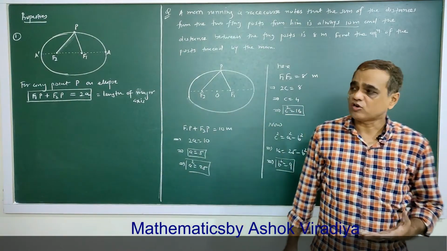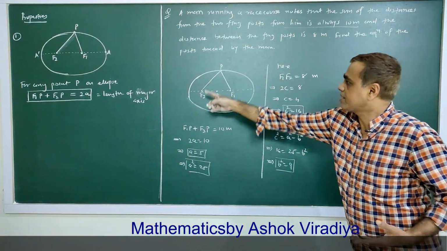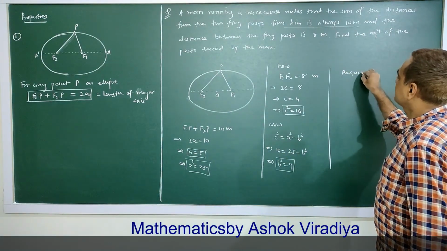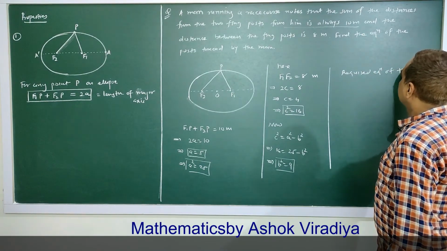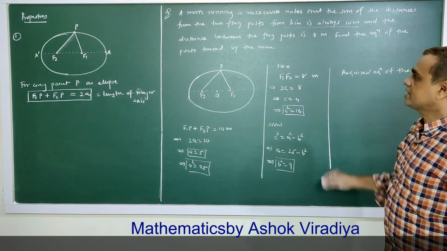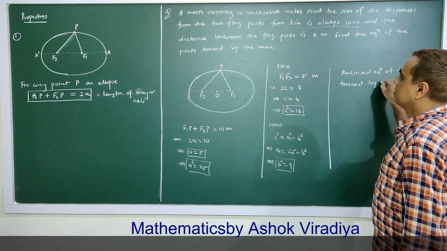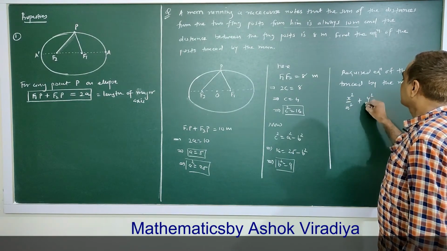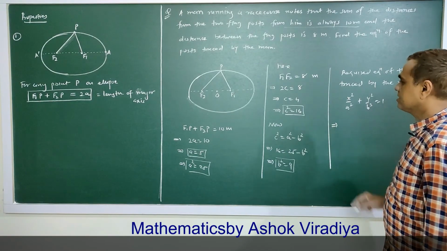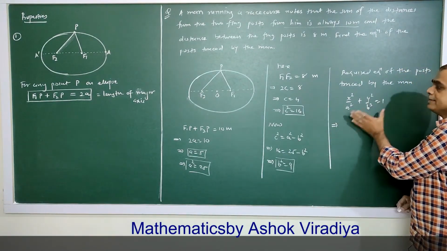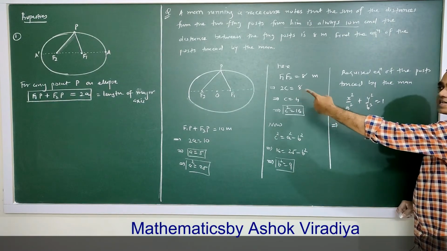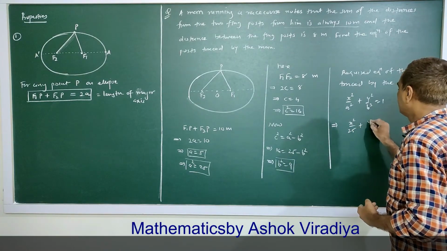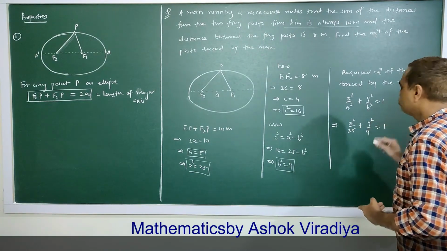So the required equation of the path traced by the man is x square by a square plus y square by b square is 1, the equation of an ellipse whose major axis lies along the x axis. So x square upon 25 plus y square upon 9 equals 1.